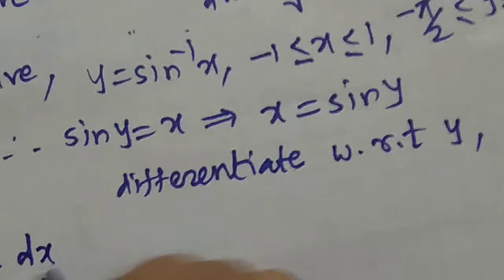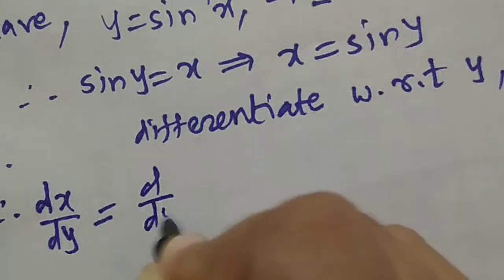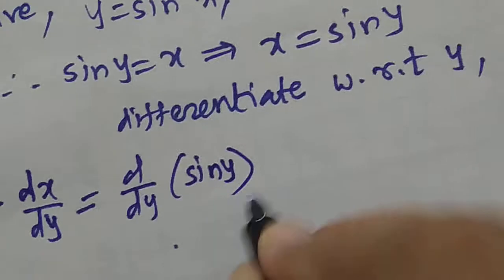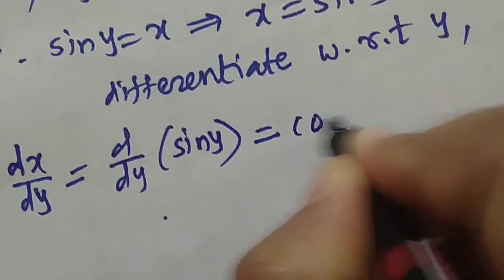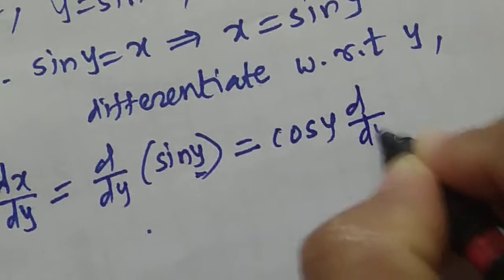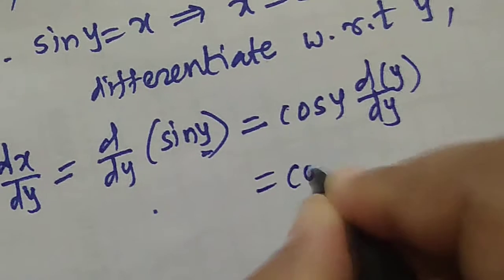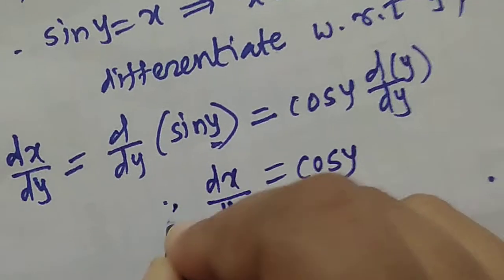Therefore dx upon dy is equal to d by dy of sin y, but we know that the derivative of sin y is cos y, and again we have to take the derivative of y, d by dy of y, that is 1, therefore we get cos y.